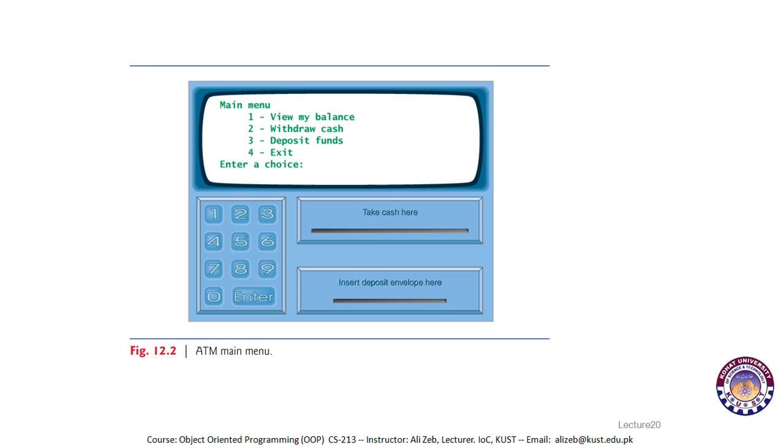In our case, we'll be getting the screen on our console-based user interface. On the main menu, there are 4 options given to the user. The user enters a choice from his or her keyboard, and the following operations should result based on the choice of the user.